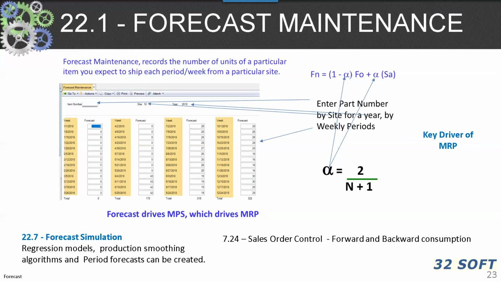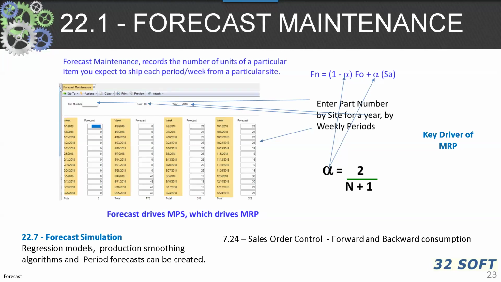22.1 forecast maintenance records the number of units of a particular item you expect to sell each period or week at a particular site. These are periods, not months. Depending on where in the month you place your periods can significantly impact MRP calculations, i.e. if you use the periods at the first of the month for the quantities or the last day of the month, this can significantly impact how MRP is going to calculate.